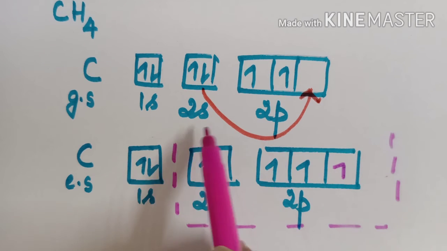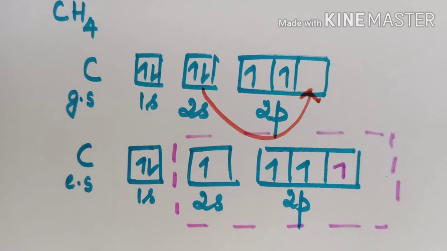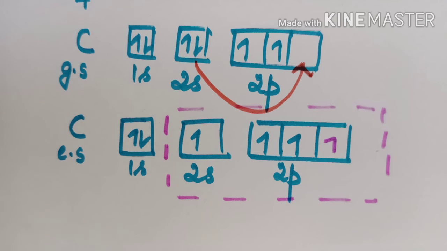So you have created 4 unpaired electrons, for which we are doing the intermixing of one s orbital and 3 p orbitals, leading to what is called sp3 hybridization. So if it is sp3 hybridization, 4 hybrid orbitals are created. The 4 hybrid orbitals are aligned at the corners of a regular tetrahedron with an angle of 109 degree 28 minutes.